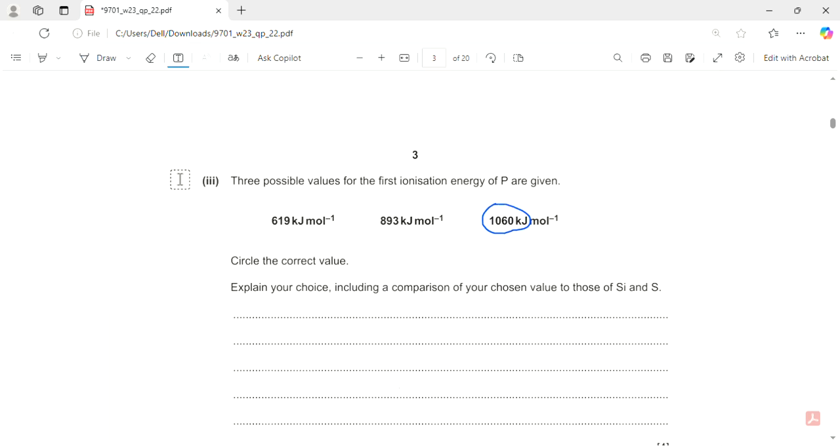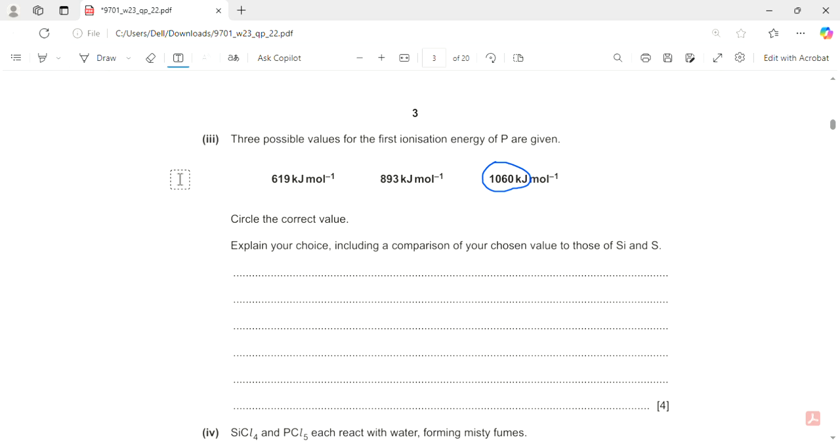The explanation is that it has a greater nuclear attraction of the nucleus for outer electrons.